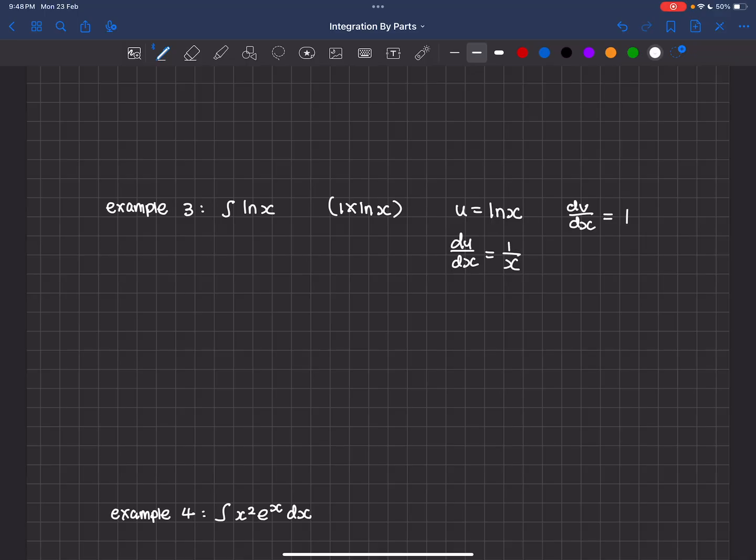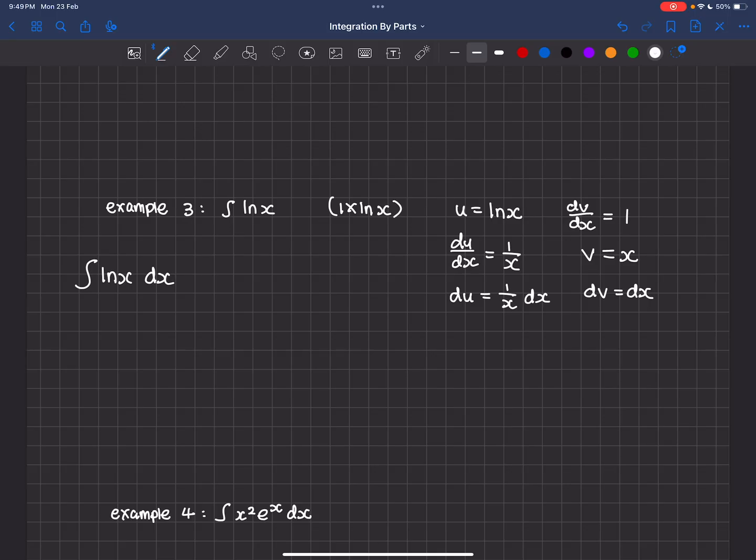And we can write that as du is 1 over x dx. v is just x, right? So dv equals dx in this case. So let's write down the question. u dv, with our u as ln x, plus dv dx.